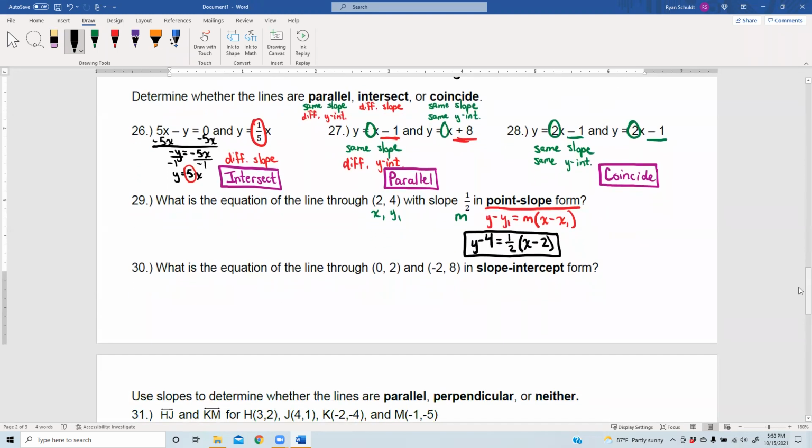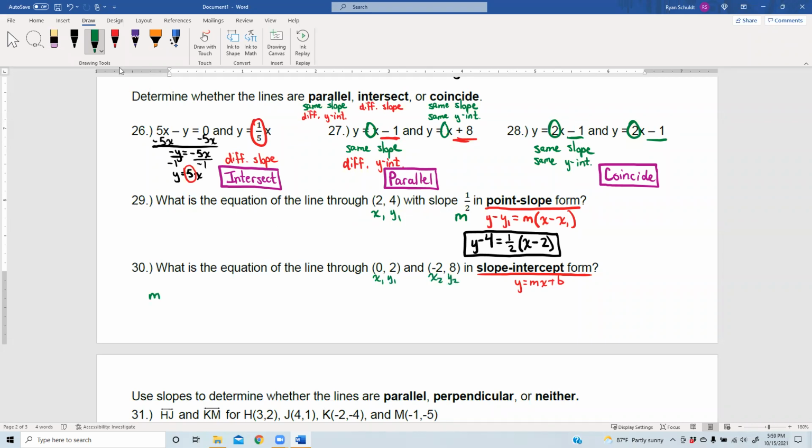Okay, 30. Write the equation of the line through 0, 2 and -2, 8 in slope intercept form. That one's going to be our y equals mx plus b. So let's see here. I don't know my slope even. So I've got to find slope. Let's do it. x1, y1, x2, y2.